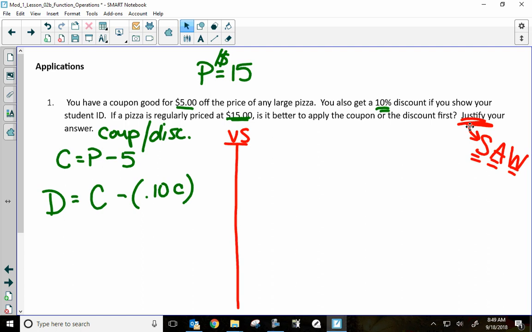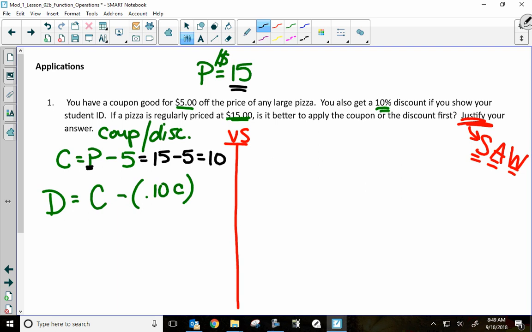So let's do this, all right? I'm going to take $15 for P. That's 15 minus 5. That gives me $10, okay? So my cost of the pizza with just the coupon would be $10. Now that $10 is C, all right? So my discount is going to be $10 minus 0.10, which is 10% of $10, okay?